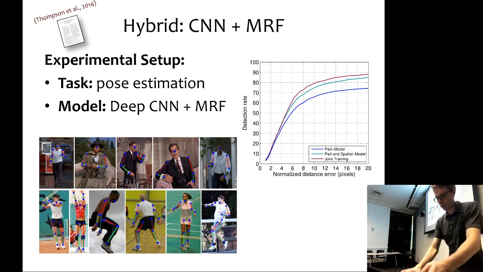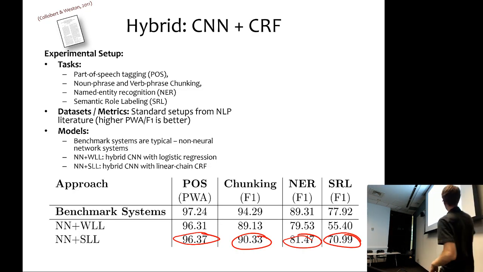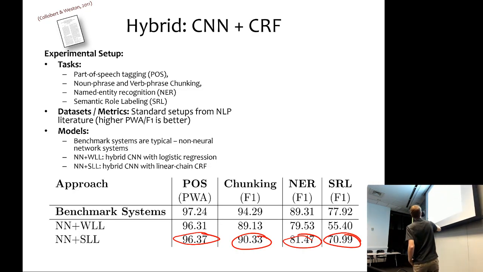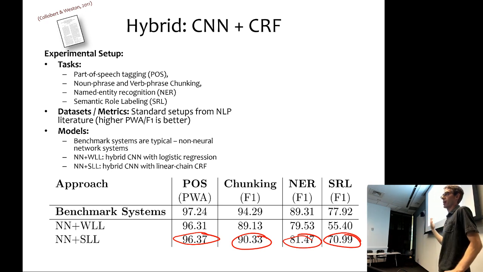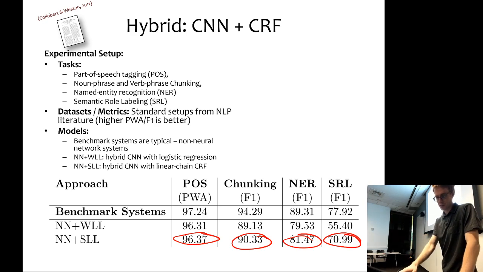So if we look back at the current state of the art for all of these tasks, they're all using embeddings like BERT, which are these contextualized word embeddings, and then those are fed into not a CNN CRF, but an LSTM CRF. And that's essentially the state of the art right now for all of these tasks.